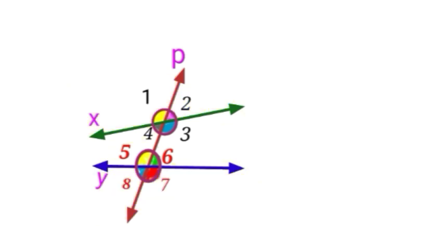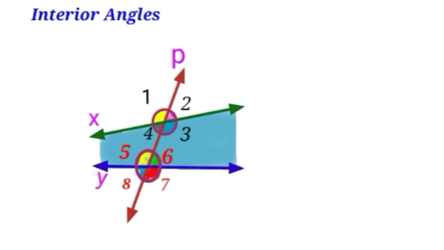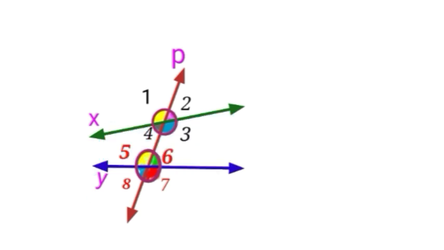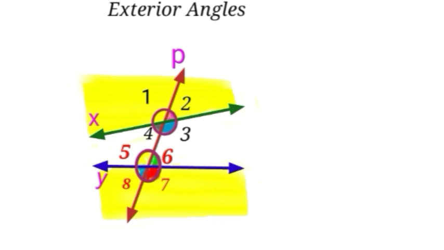Thus, we can say that the angles 3, 4, 5 and 6 lie in the interior part of the straight lines, and these angles are called interior angles, and the angles 1, 2, 7 and 8 lie in the exterior part of the same plane, and these are called the exterior angles.